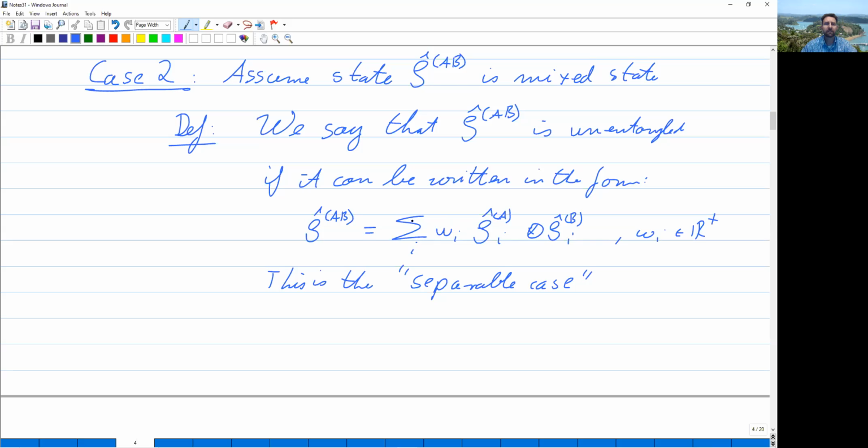So therefore, the whole thing is unentangled or separable. And then, of course, otherwise, we say that it's an entangled state. So if the density matrix of the total system cannot be written in this form, otherwise rho hat AB is called entangled.